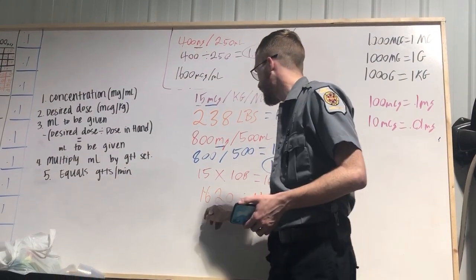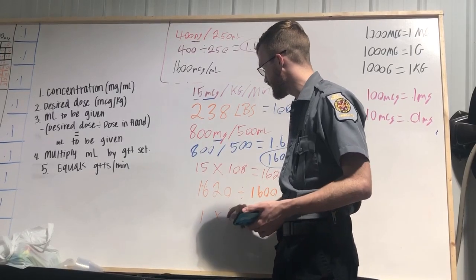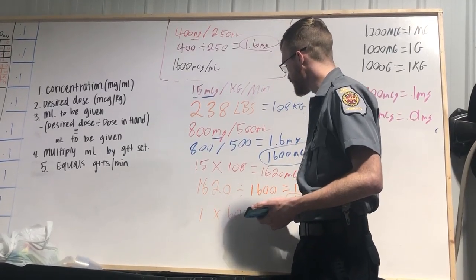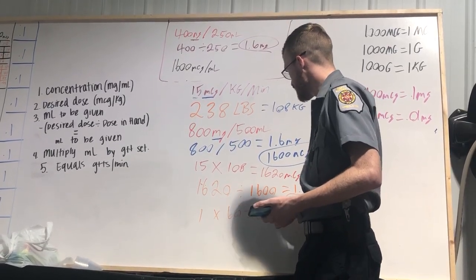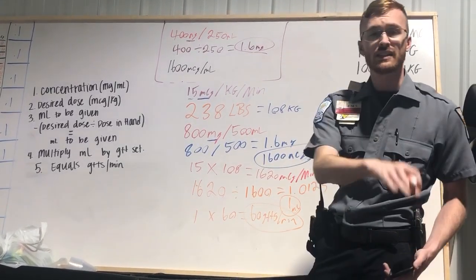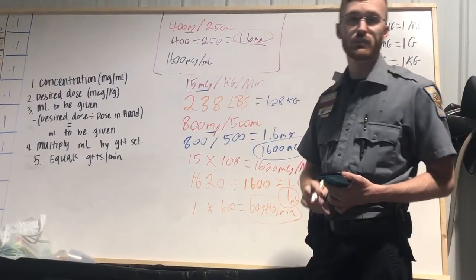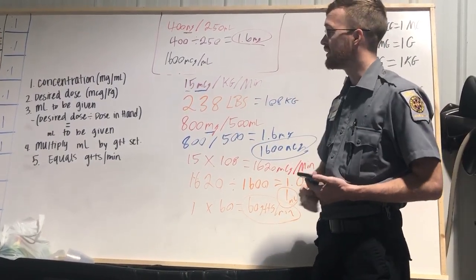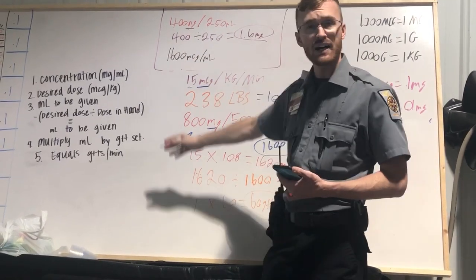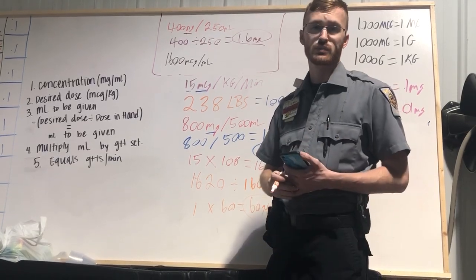So milliliters is going to be 1 times our drip set, which is going to be 60. And that is going to equal 60 gtts/minute, which is going to be 60 drops per minute for our 15 microgram per kilogram dose. And using this formula, these 5 steps, you are always going to be able to solve these problems.